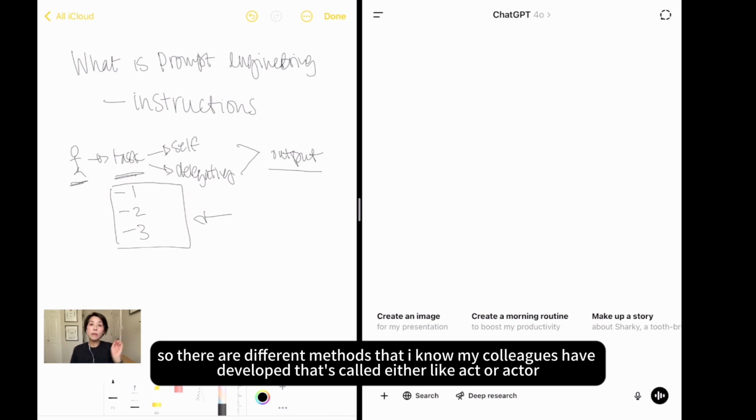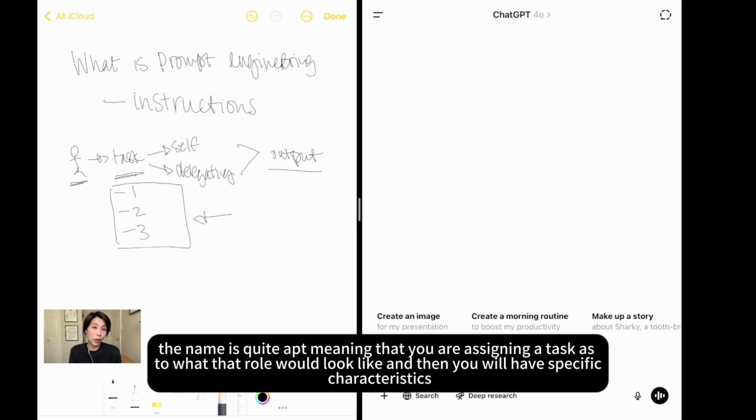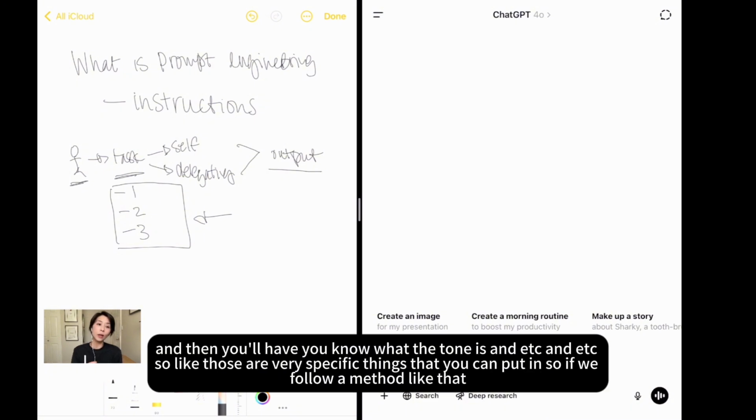There are different methods that I know my colleagues have developed, called ACT or actor. The name is quite apt, meaning that you are assigning a task as to what that role would look like, and then you'll have specific characteristics, what the tone is, and etc. Those are very specific things that you can put in.